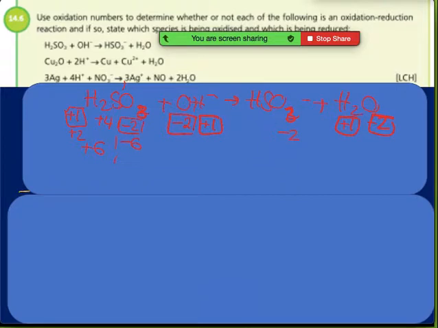Over here, -2, 3 of them, -6, I have to have 1 left over, -5. This is going to be +1 and this is +4. So there is nothing oxidized or reduced because the S's are the same. Is that okay? Take that as a yes, Eva.